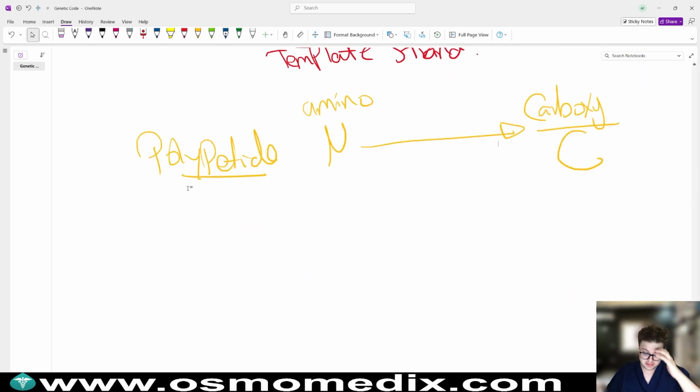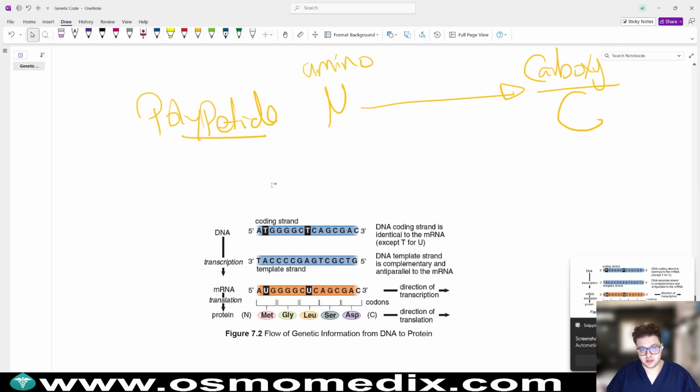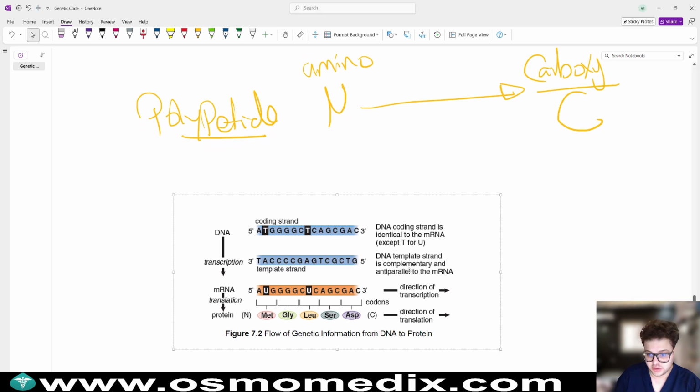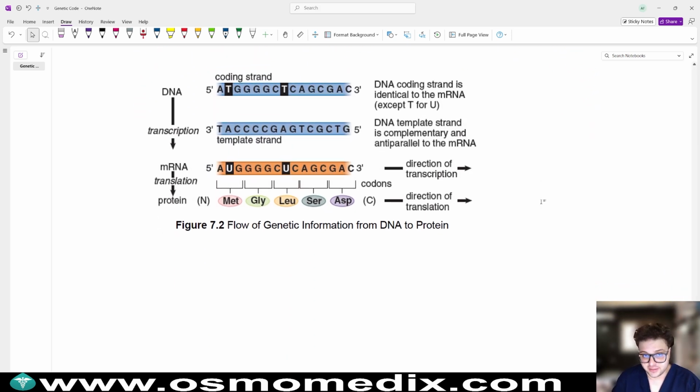So let's summarize this in a figure. This is our figure 7.2. In it, the DNA in the 5 to 3 direction is called the coding strand. Why is it called the coding strand?